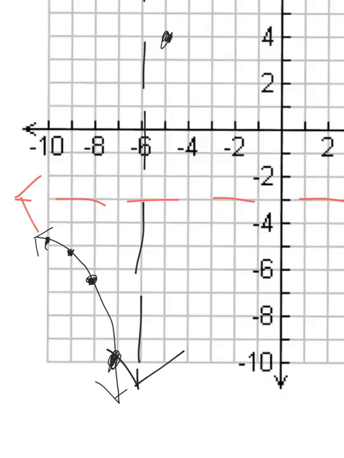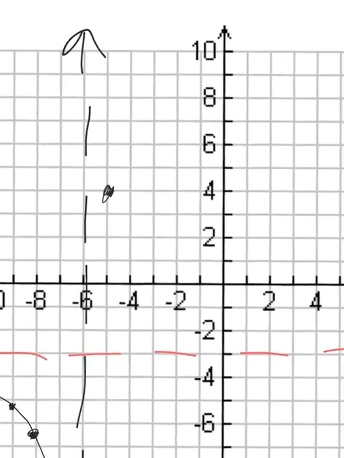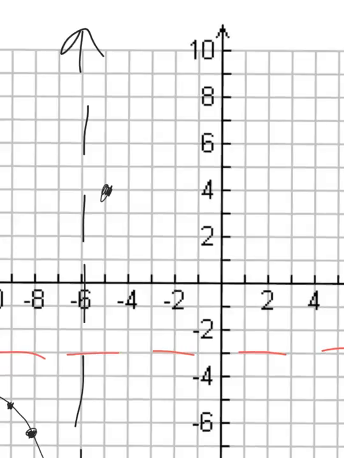Doesn't look that good, but it counts. And then I'm going to go back to this one up here, and I had -5, 4. I had -4, 0.5, so -4, 0.5 would be about right there. 3 is at -3, -6.7, so that's below, about right there.